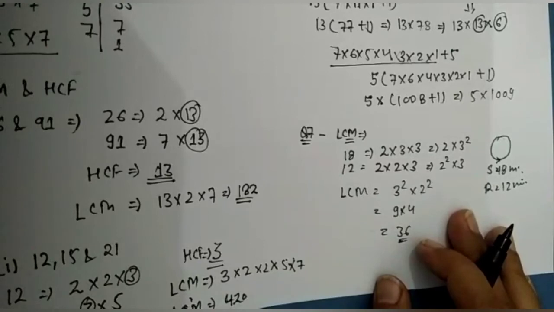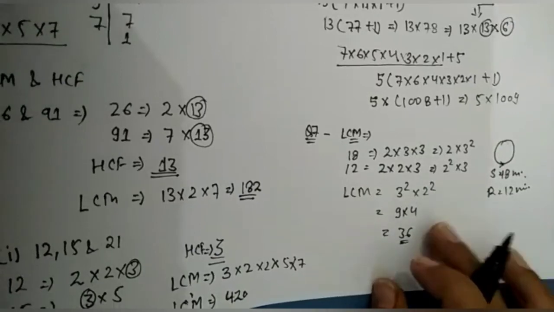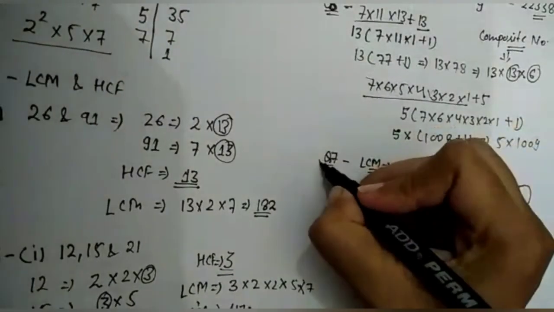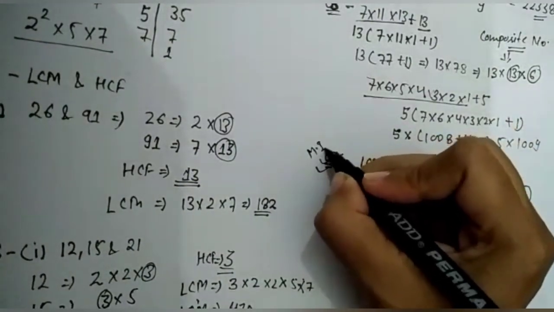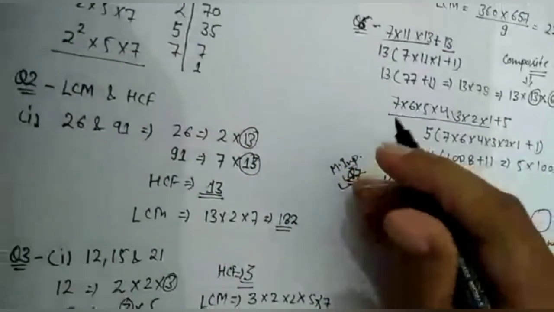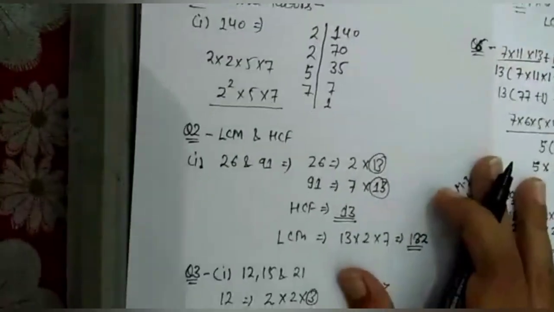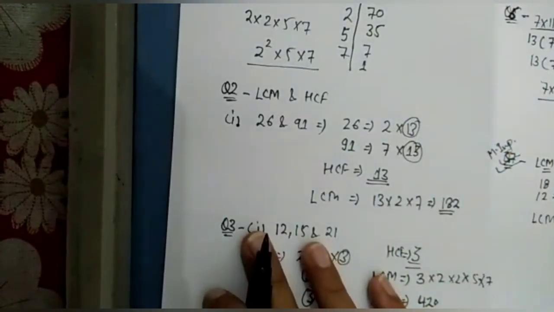Then 36 will be your answer. So Ravi and Sonia will meet together at the starting point after 36 minutes. This will be your answer, and this is also a very important question for your board exams.